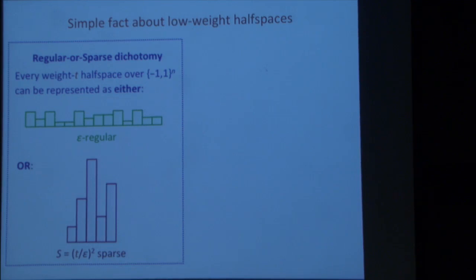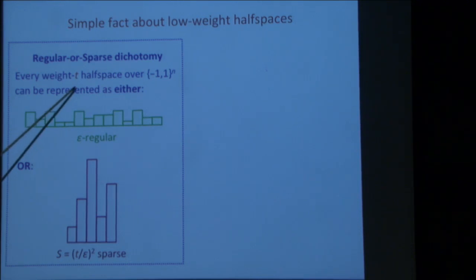Okay? So this regular or sparse dichotomy pretty immediately leads us to the realization that we need to consider a different pseudo-randomness problem, not just fooling an intersection of half spaces, but an intersection of half spaces ANDed with a CNF. Every low-weight half space is either regular or sparse.